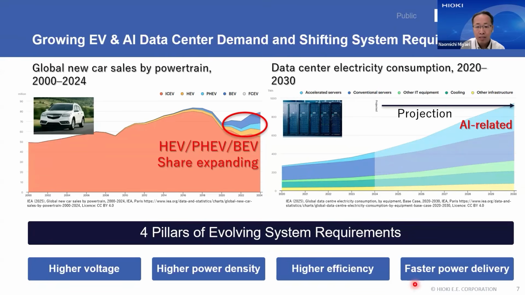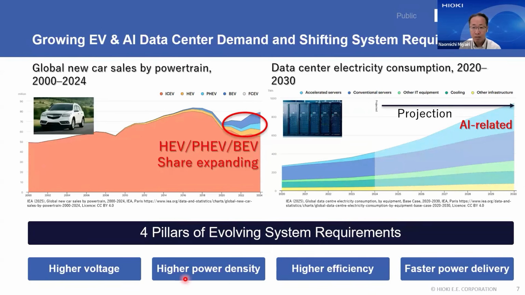And we can see these two industry trends, and there are 4 key system requirements emerging related to these. So first one, higher voltages. Bus voltages are rising to improve power transmission efficiency.